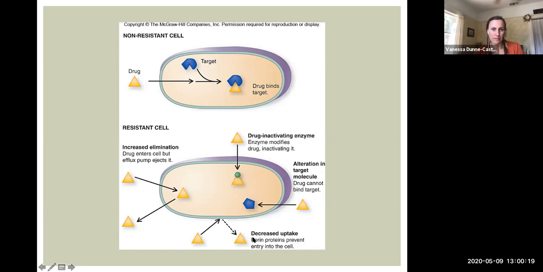So they have natural resistance just due to the prevention of uptake, right? Or as mentioned before, that permease, that transmembrane protein that allows the entry of this drug, if it's mutated, then it can prevent the entry of that drug altogether, right? So these are variations of mechanisms that can confer resistance to different antimicrobial drugs.